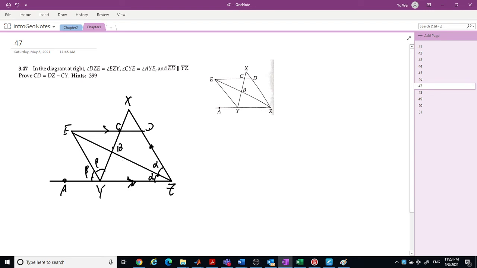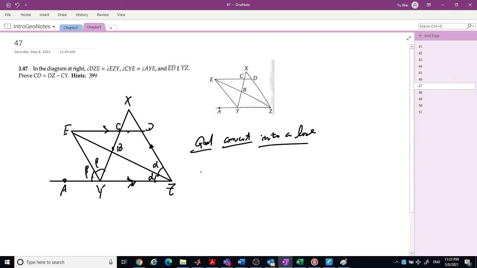Okay, see, DZ, that's marking these three. CY and CD are not in a triangle yet, right? So it's hard. For anything we want to convert in the problem, we want to convert it into a triangle. So first, the goal is to try to convert it into a line.